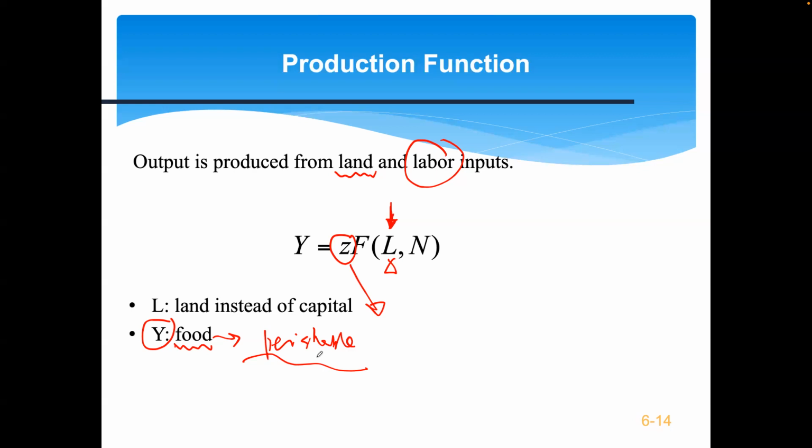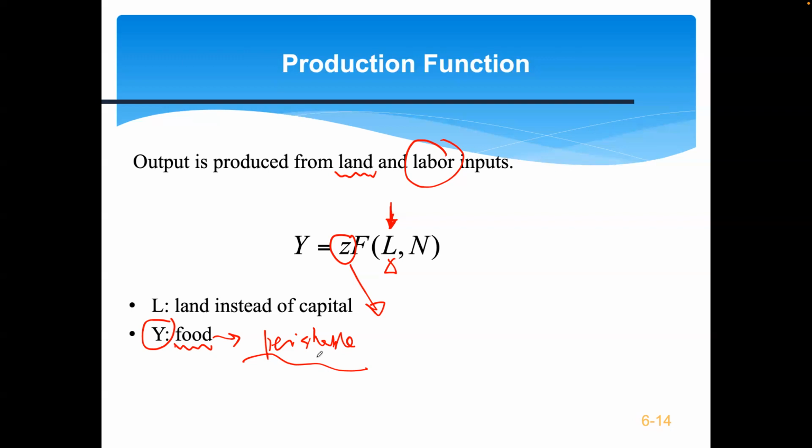But the story is going to completely change once we move from this Malthus model to the Solow model, as we are going to study in the next lecture. There we have capital. Not only can we use capital to produce capital, but you can store capital for future use. It's not perishable. That's the difference. Now let's just focus here.